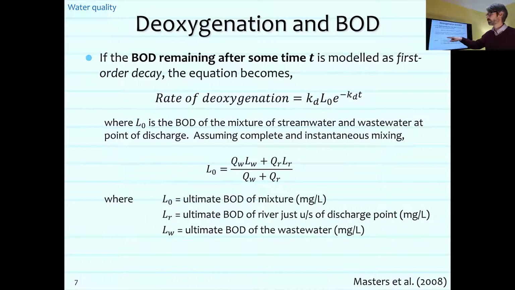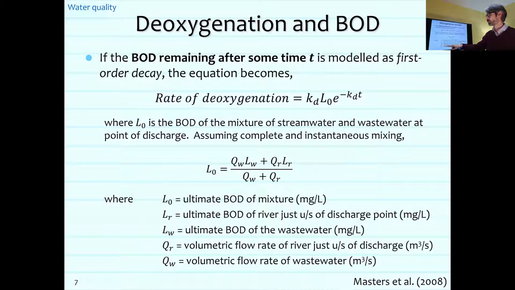We have this form here for the ultimate BOD L naught. The terms in this equation, it's just a weighted average: the ultimate BOD of the mixture is equal to the ultimate BOD of the river, just upstream of the discharge point, plus the ultimate BOD of the wastewater, which will obviously be a lot higher, and then averaged by the flow rates.